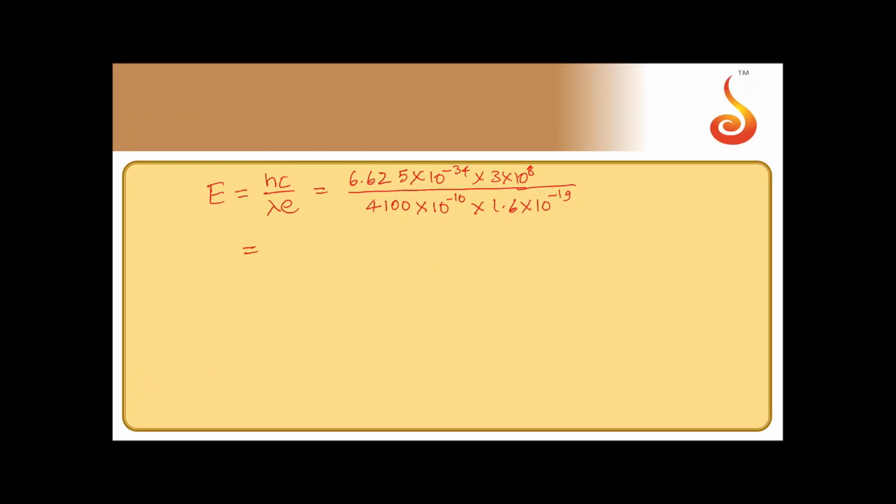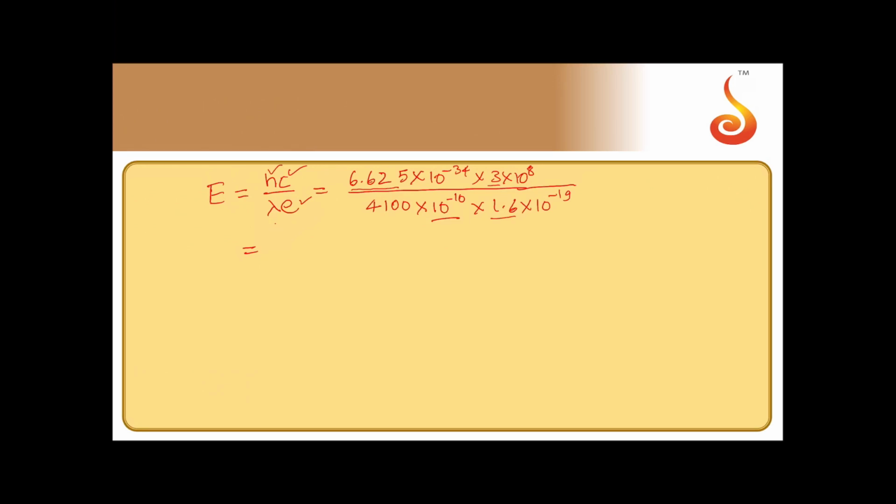If you consider 6.625 into 3, it is about 19.875, then divided by 1.6, that will give you somewhere around 12. These are the constants h, c and e, and this is in angstrom, so this 10 power 10 also you can take.